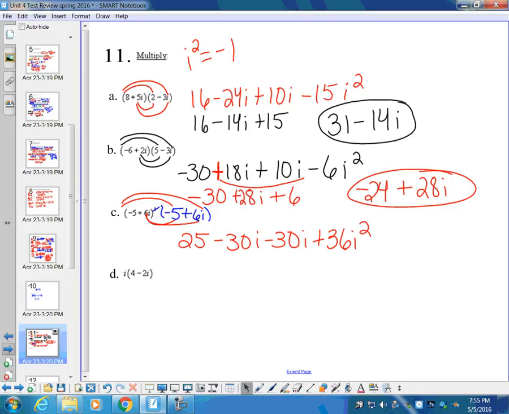Okay, combine like terms. 25 minus 60i. They don't cancel. You got two negatives, so it becomes more negative. Minus 36. So you get negative 11 minus 60i.